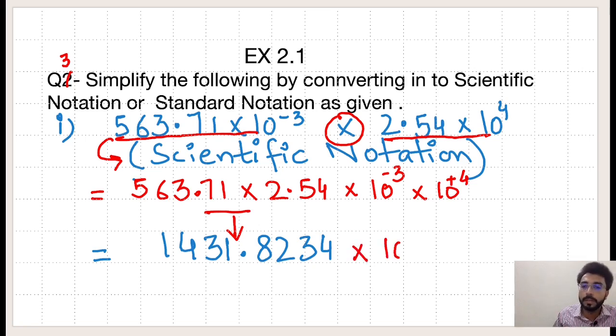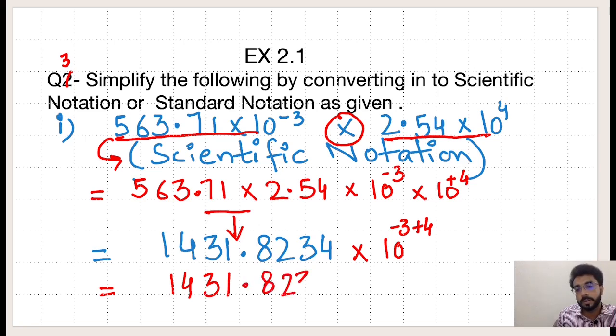Now solve this. As the bases are same, the exponents add: negative 3, positive 4. So it will become 1431.8234 into 10 raised to power 1, as negative 3 plus 4, we get positive 1.